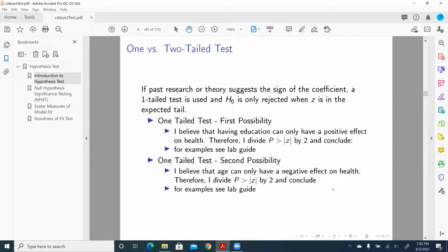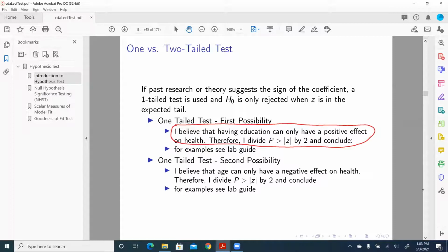So for the first example, if the alternative hypothesis is that education has a positive effect, then H0 is going to be what?